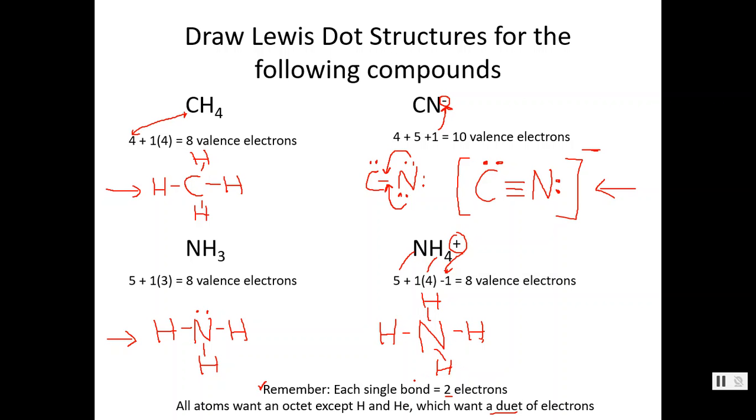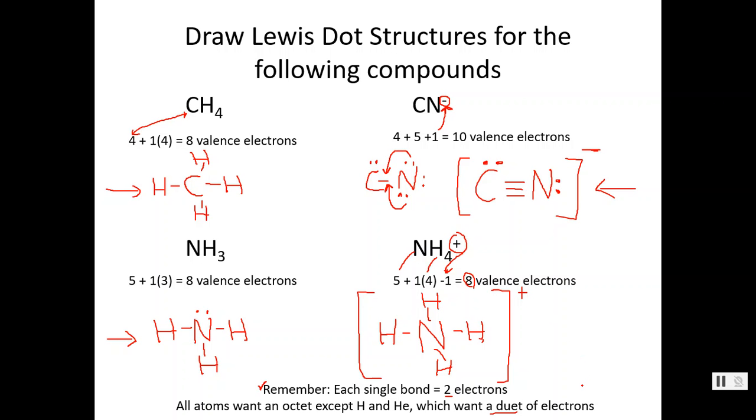I have used 8 of my 8 valence electrons. I have to stop because that's how many I've got to use. My hydrogens are happy with a duet. My center nitrogen is happy with an octet because it has 2, 4, 6, 8 valence electrons. The only other thing I need to add for this Lewis dot structure are brackets and a superscript plus.